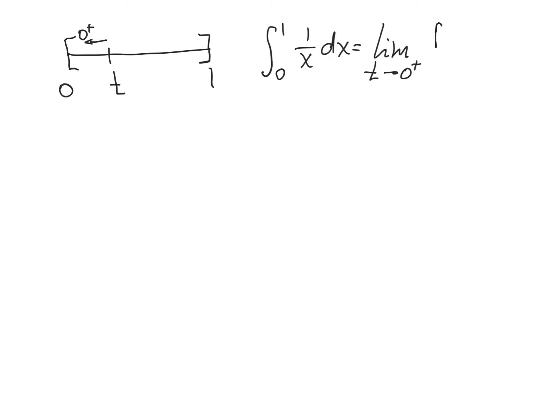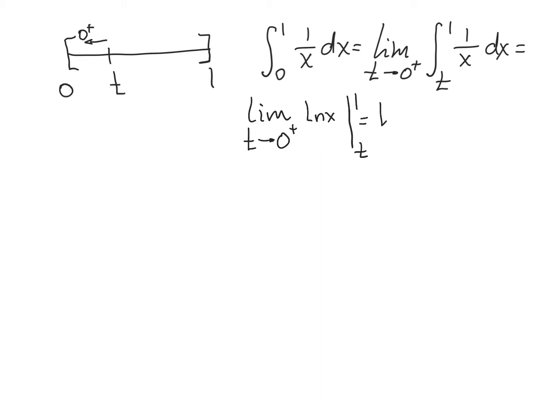So we can express the integral from 0 to 1 of 1 over x dx as the limit as t approaches 0 from the right of the integral from t to 1 of 1 over x dx, and that's the limit as t approaches 0 from the right of natural log of x evaluated from t to 1. And let's plug in both 1 and t for x. This is the limit as t approaches 0 from the right of natural log of 1 minus natural log of t.